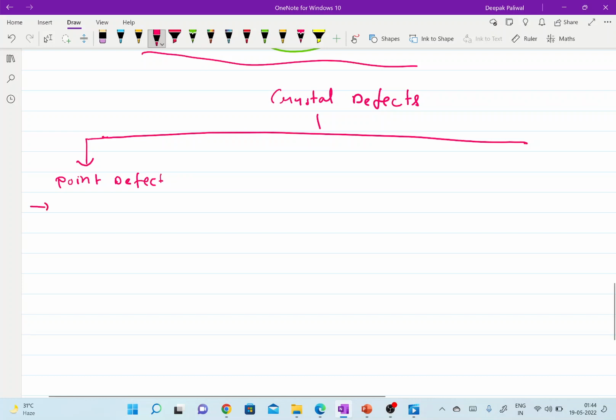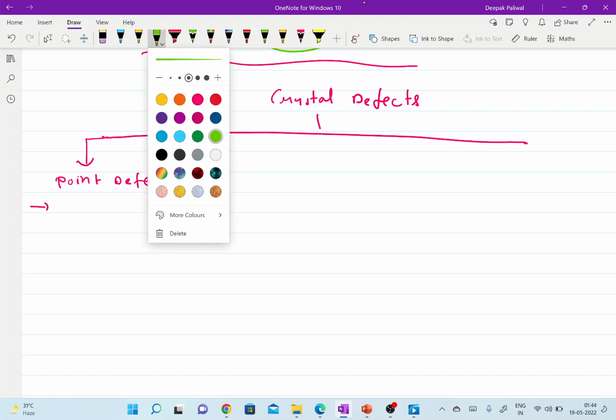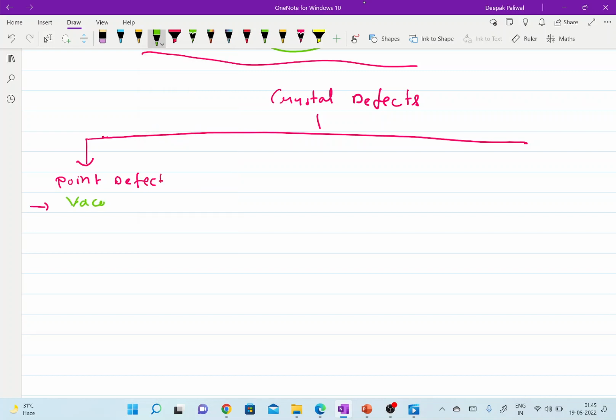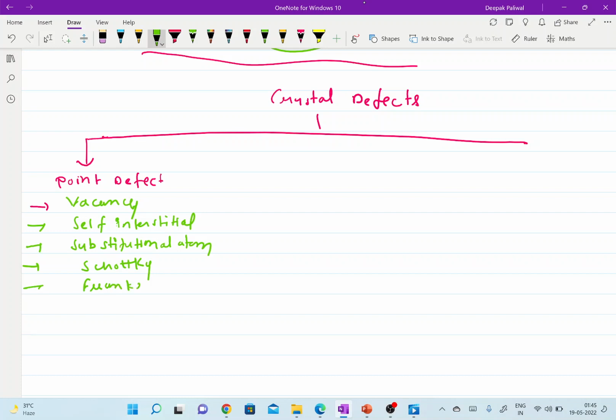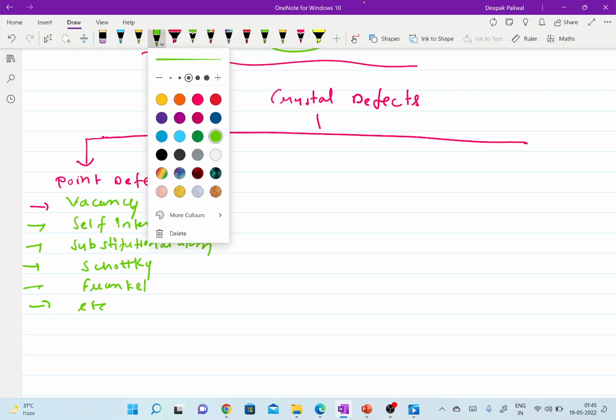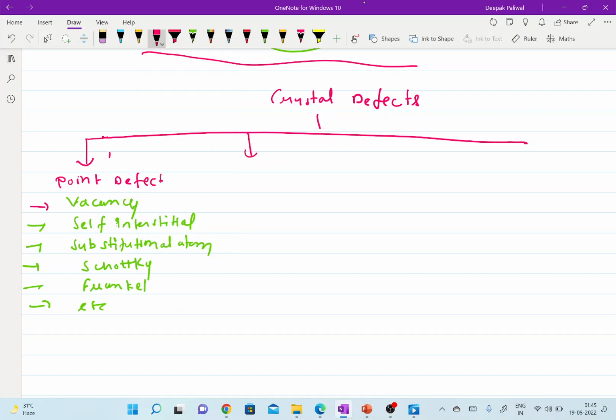In point defect we have vacancy, self interstitial, substitutional atom, Schottky defect, Frenkel defect, and so on. Point defect is also called 0D defect.